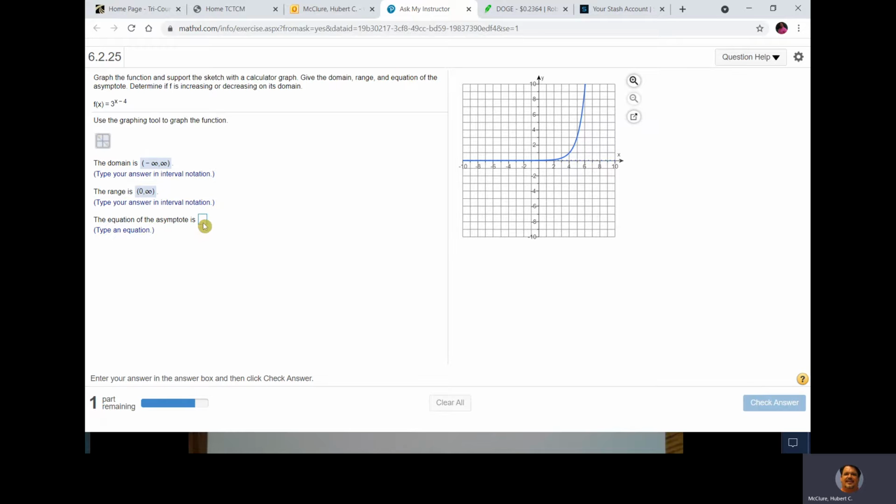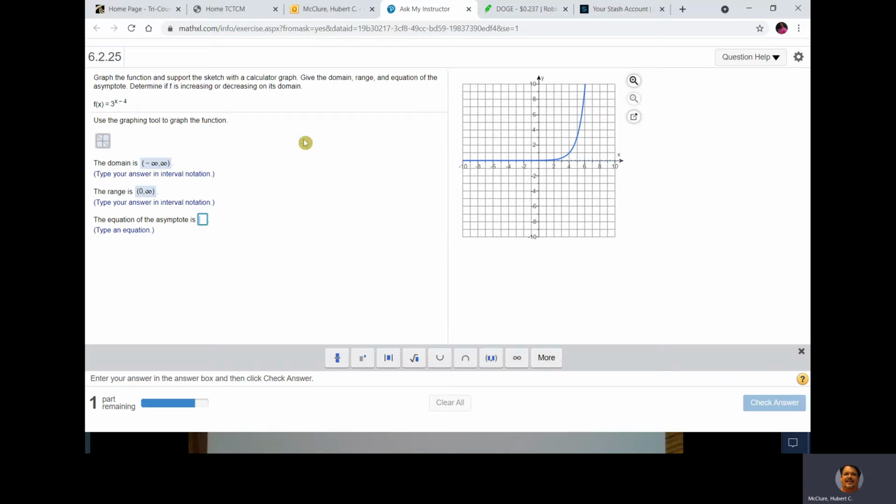The equation for the asymptote, I don't understand what that is. You had a vertical asymptote, looks like 6, but I don't know what they want there.